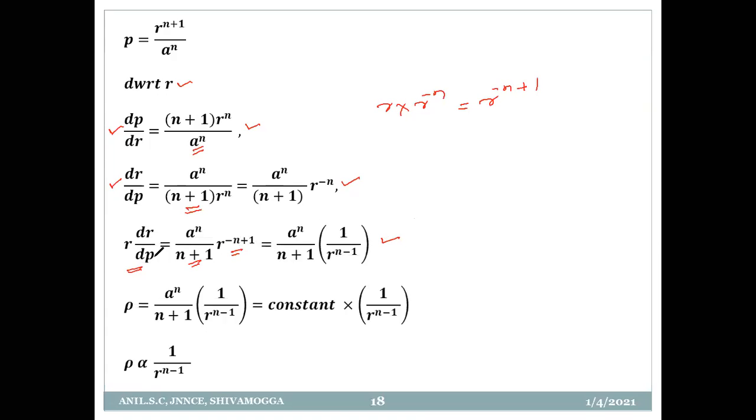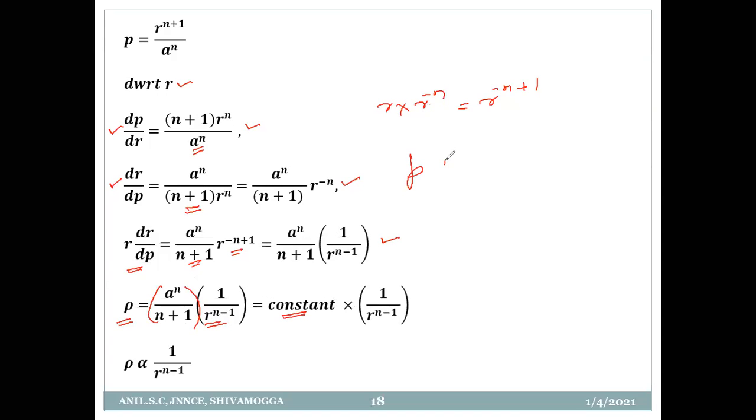Therefore, r dr/dp is denoted by rho. It is the radius of curvature. This is equal to a^n / (n+1) into 1 / r^(n-1). And a^n / (n+1) is a constant. Therefore, this is equal to constant into 1 / r^(n-1). Now remove this constant and put a proportionality sign.